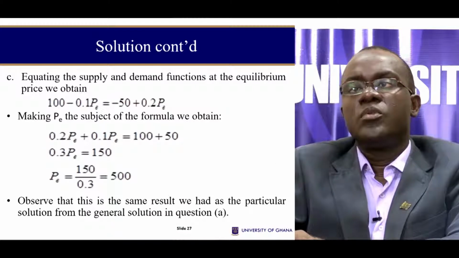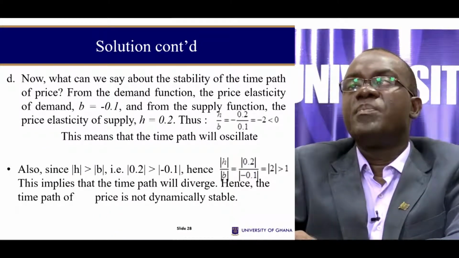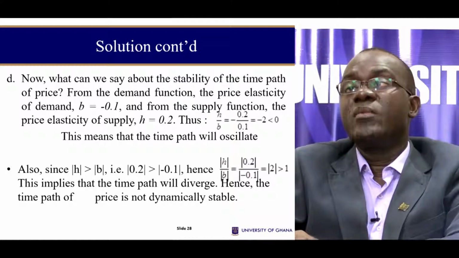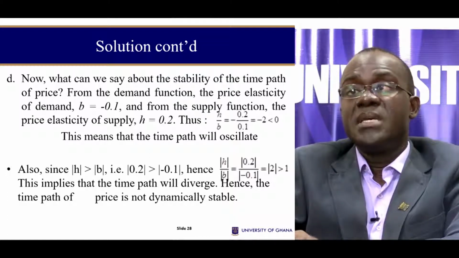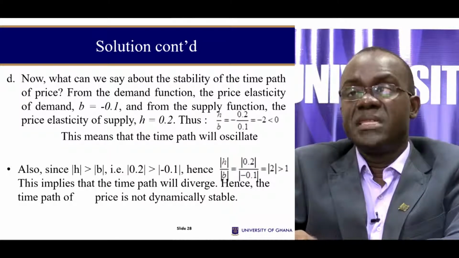Now, the next point is to investigate the dynamic stability. H over B here is 0 minus 0.2, divided by 0.1, and we get -2, which is less than 0, suggesting that the time path will oscillate, go up and down, positive, negative.